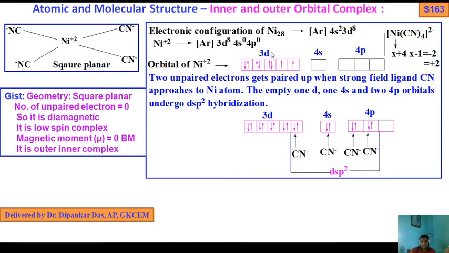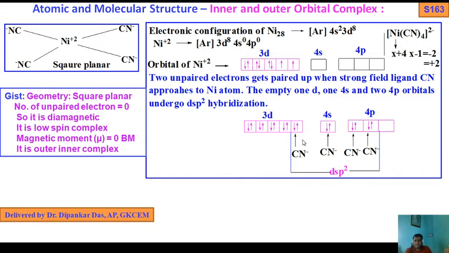So this one 3d orbital takes part in the hybridization, so it shows an inner orbital complex. How? The 2 unpaired electrons get paired up, and this is the vacant orbital. Now the empty 1 3d, 1 4s and 2 4p orbitals undergo dsp2 hybridization.